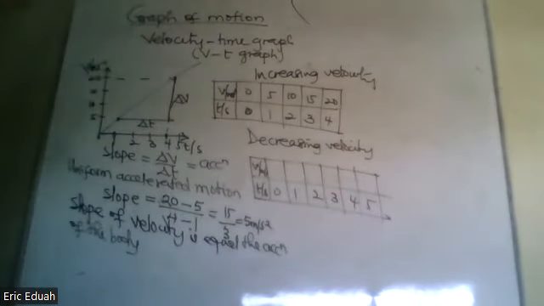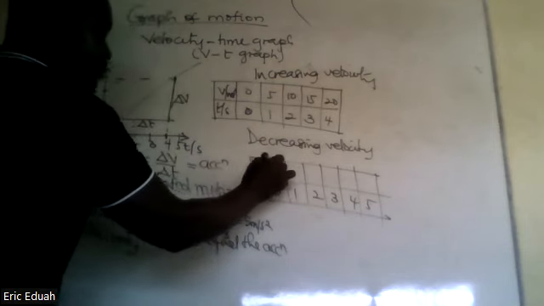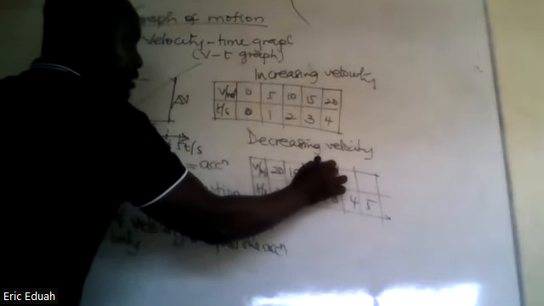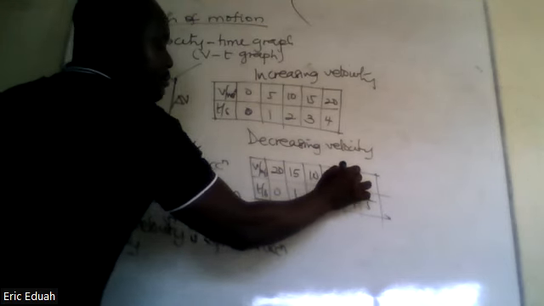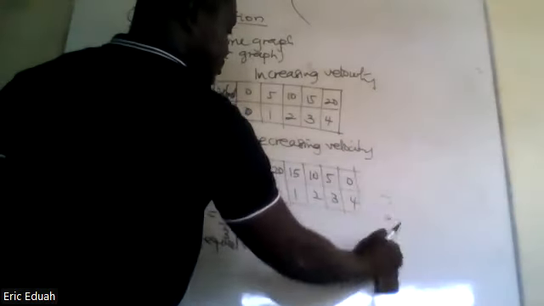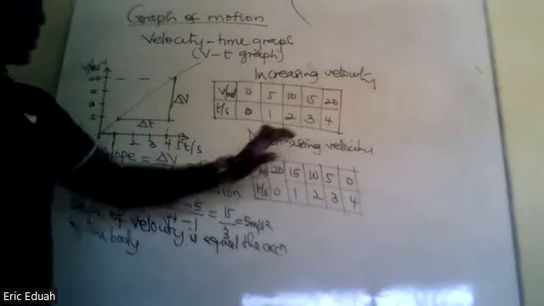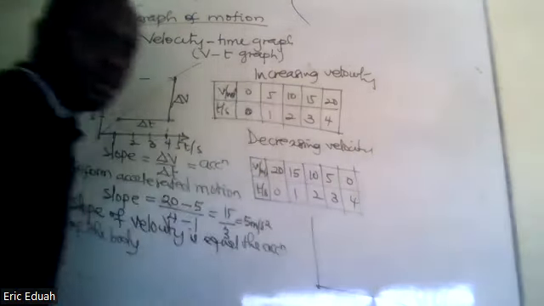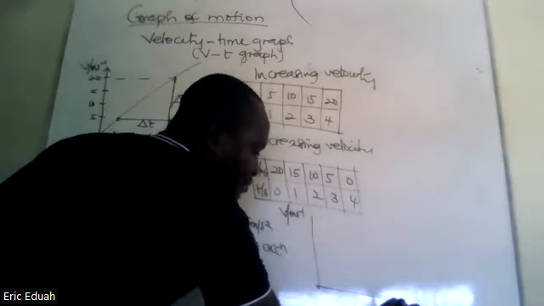By this time, we have the velocity decreasing with time: 20, 15, 10, 5, 0. Let's end at 4. So the velocity is decreasing within equal intervals. When you plot such a graph, this is what you have.